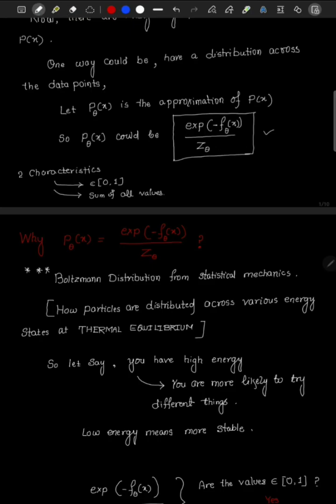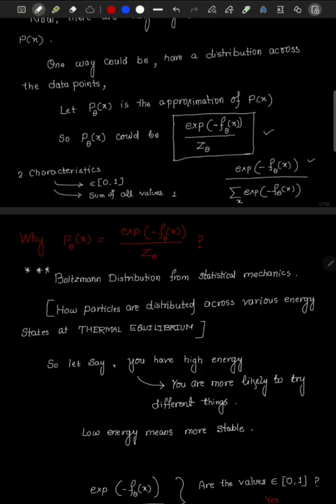Is it satisfying those characteristics? All these values are pushed to between 0 and 1, and the sum of all values will be 1. Yes, it is following, because Z of theta is basically the sum of all values. So it is exponential of minus f theta x divided by the sum over all x of exponential of minus f theta x. It is following, right?